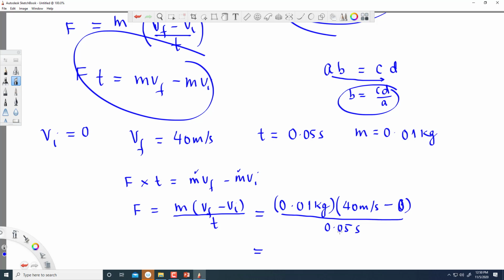That will give you, I think, 8 newtons. Just looking at that, 40 over 5 is 8. So F is 8 newtons. You will need a calculator to do this kind of math if you are doing this in an exam.